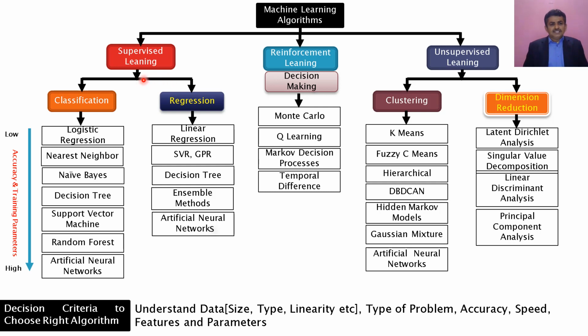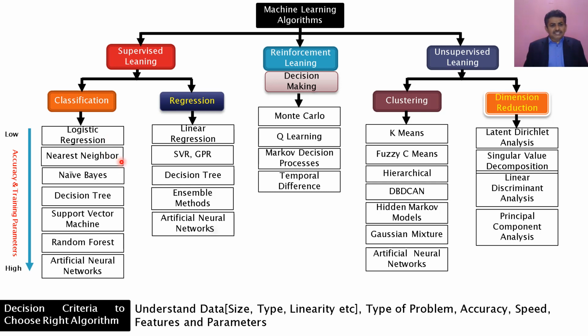Supervised learning has two types. One is classification and the other is regression. So our problem can be a classification problem or a regression problem. For the classification problem, we have plenty of algorithms. The first most important algorithm is logistic regression.